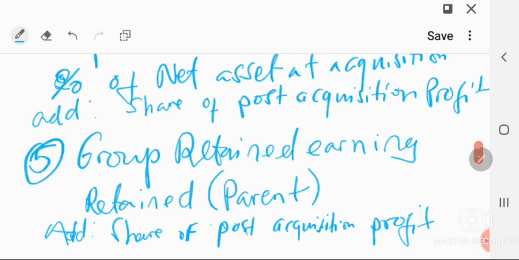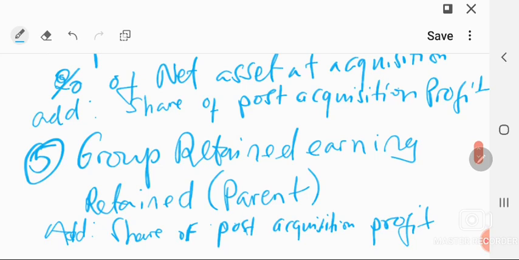The group structure gives you how everything will be shared. If the parent owns 80%, the parent will get 80 of whatever profit will be found. Non-controlling interests in that case will get the other 20. That's how it works. So basically, these are the 5 most important workings to consolidate.